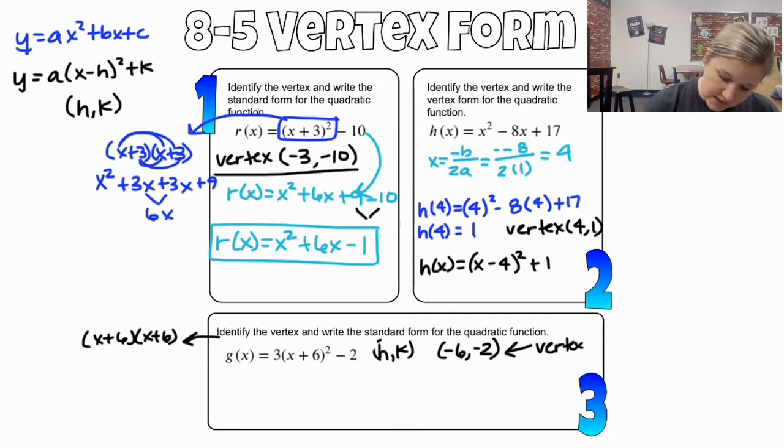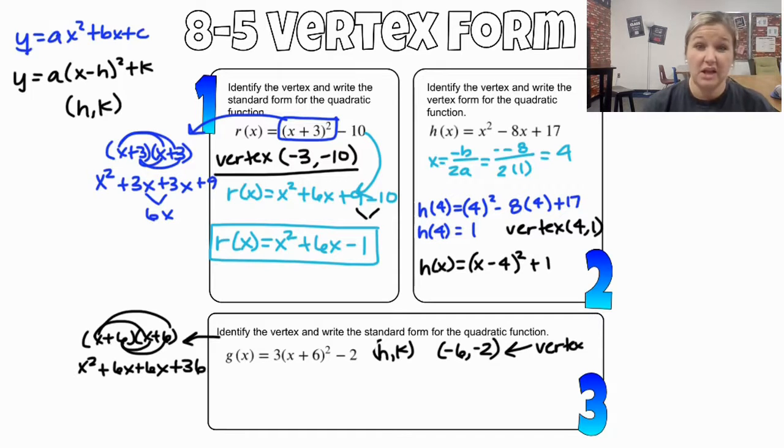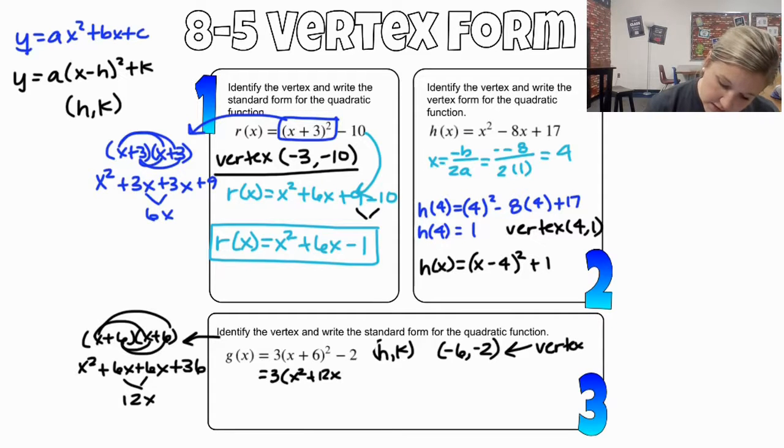So I have x times x, which is x squared, and x times 6, which is 6x. And then I have 6 times x, which is 6x, and 6 times 6, which is 36. That's a lot of 6's. So then I get these two middle terms together, and that makes 12x. And so therefore, I'm going to have 3 times x squared plus 12x plus 36, and then minus 2.